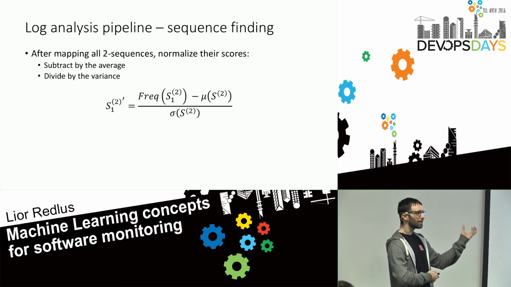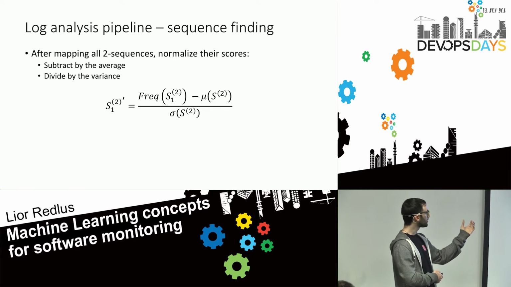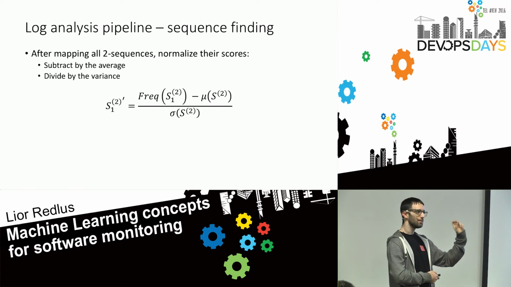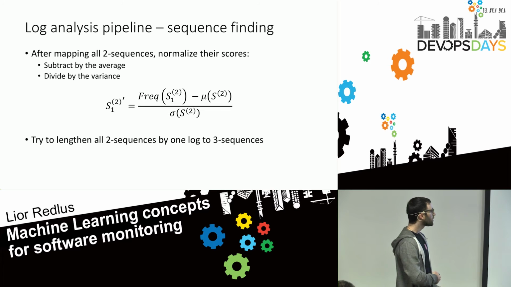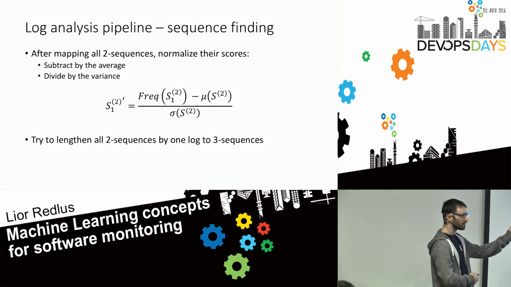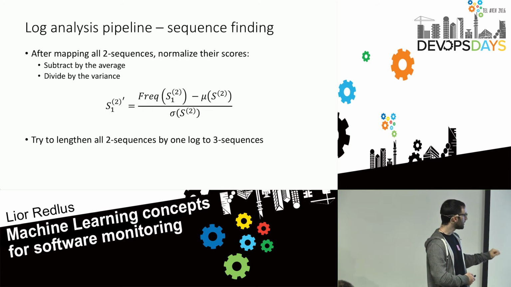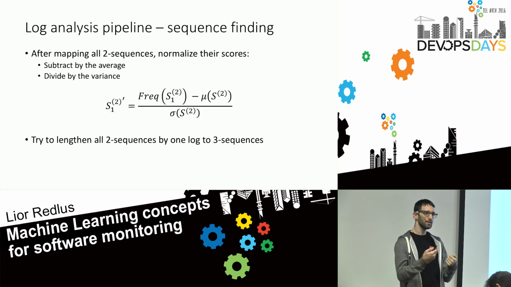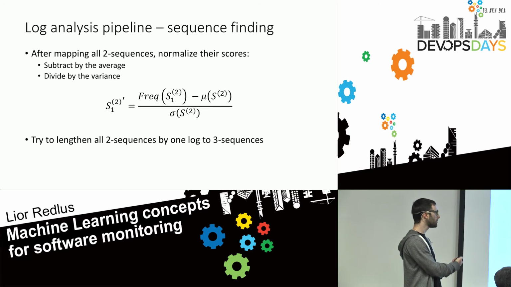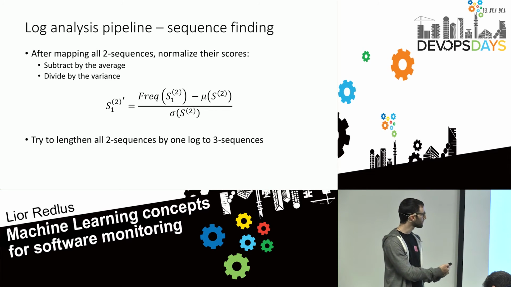And now we have a normalized score of how frequent or how related these sequences of logs are. When we have the normalized 2 sequences, we can now take each of the sequences that we found here and try to lengthen them to a 3 sequence, add another log record, and then try to find if they are still frequent in our system.